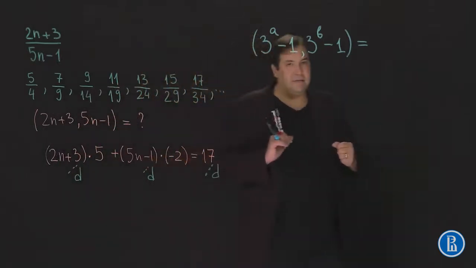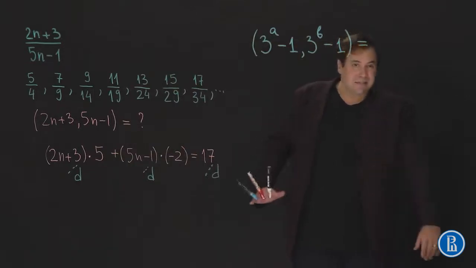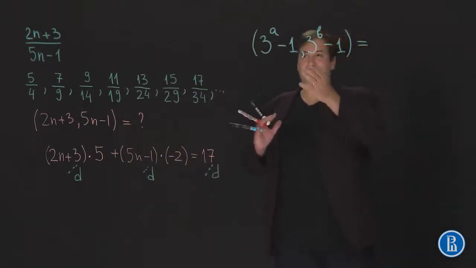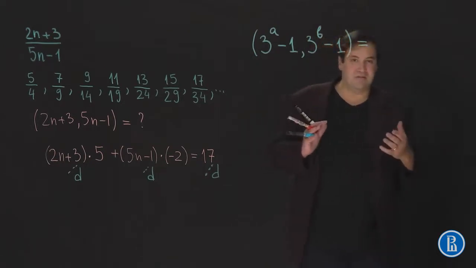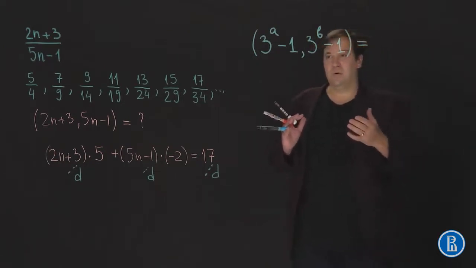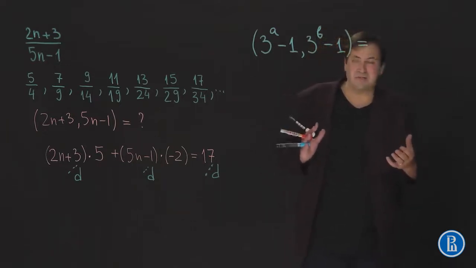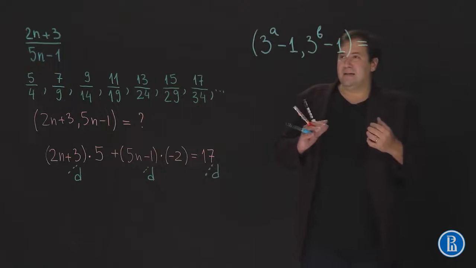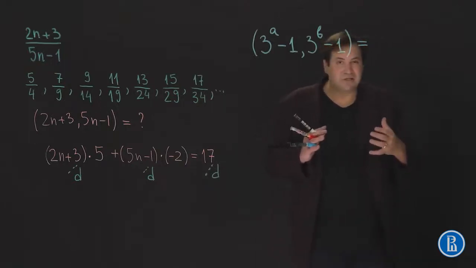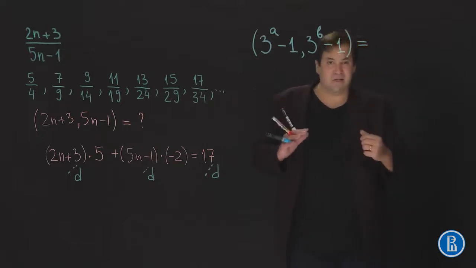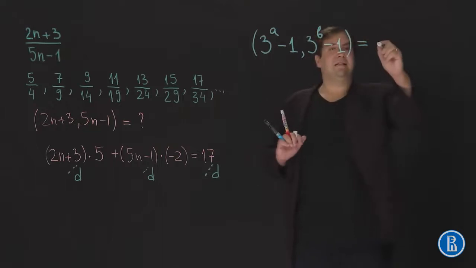Another example I would like to consider is finding the greatest common divisor of two numbers, 3 to the power a minus 1 and 3 to the power b minus 1, where a and b are positive integers. The most interesting part about this greatest common divisor is the answer, so I will give you the answer immediately.